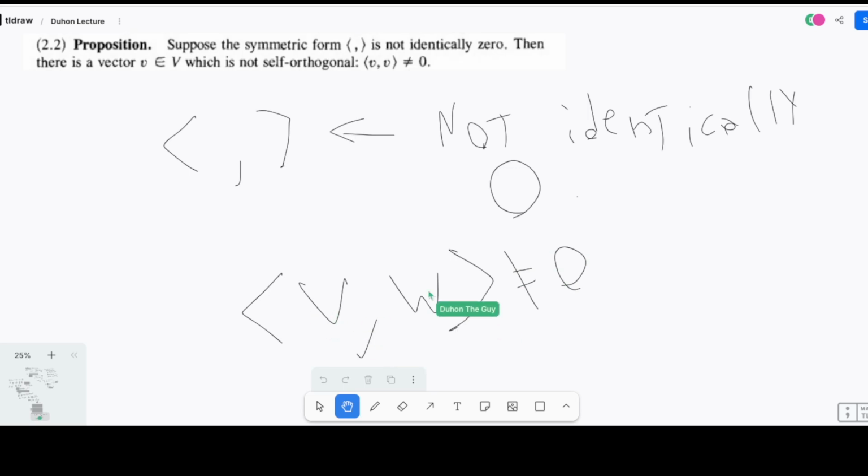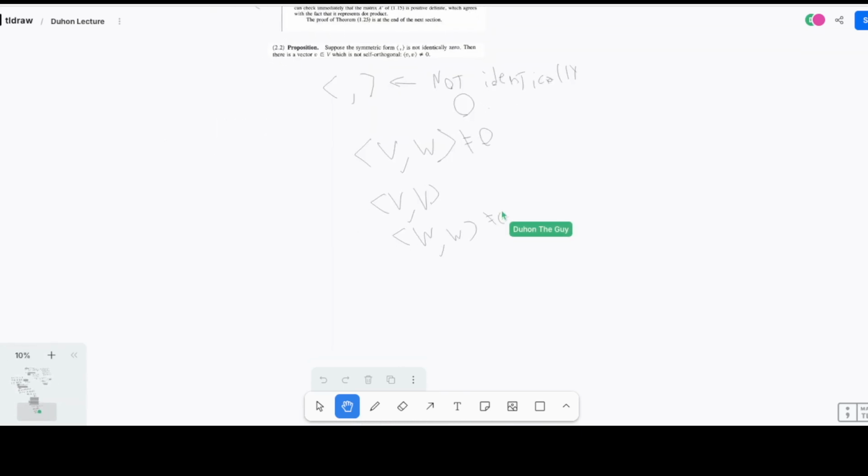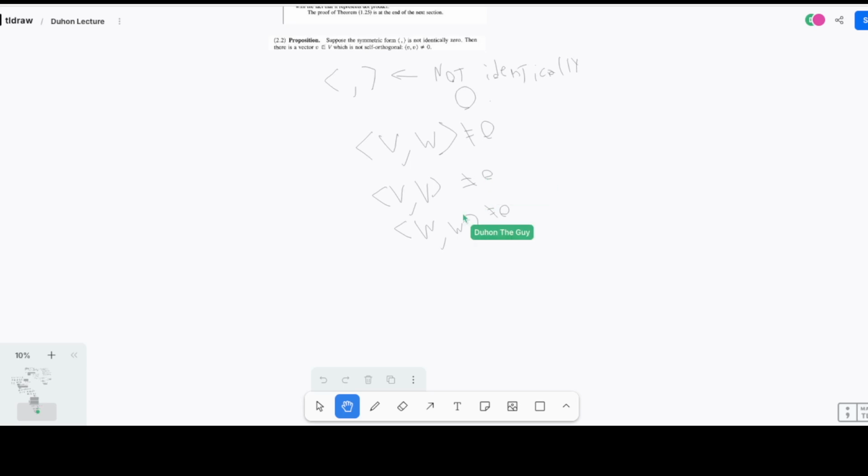So let's take v and w as set names for the vectors that we have. And let's first check if v of v or w of w is different to 0.